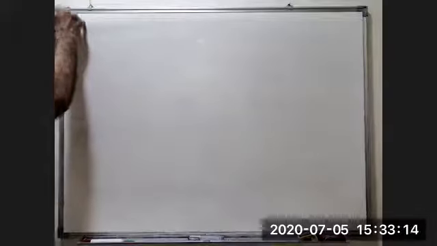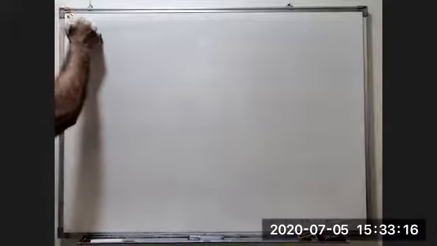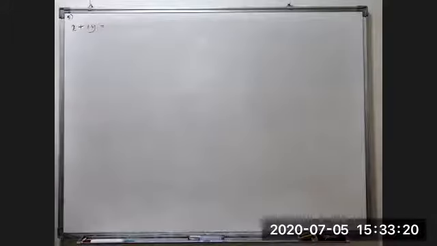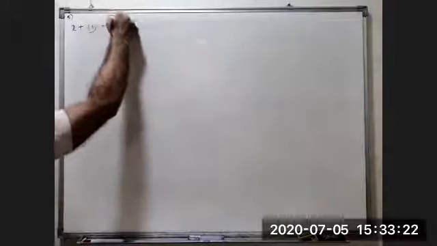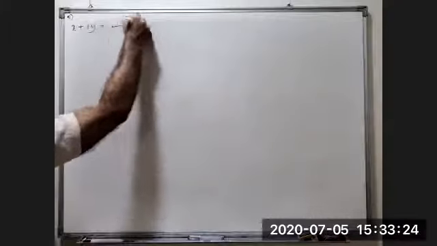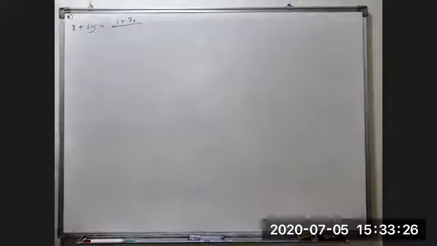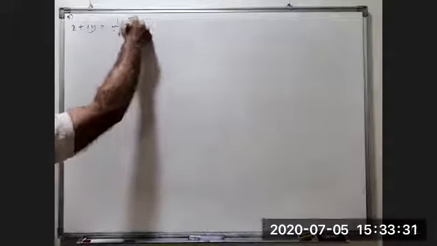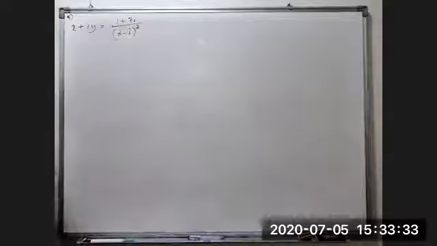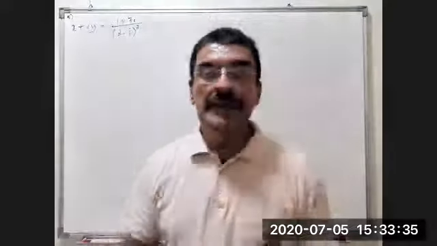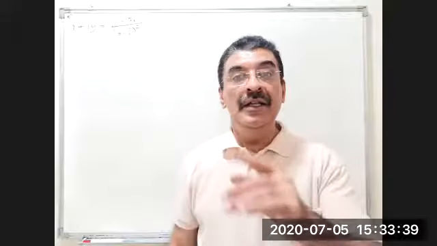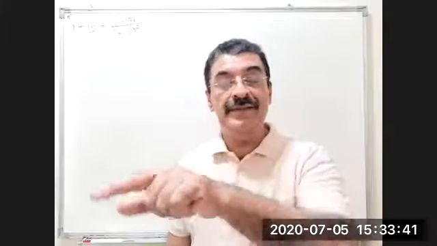I used to write polar form. x plus iy is equal to (1 plus 7i) by (2 minus i) the whole square. See that to write in polar form, x plus iy is common. Then we need to write the value of x, then y.